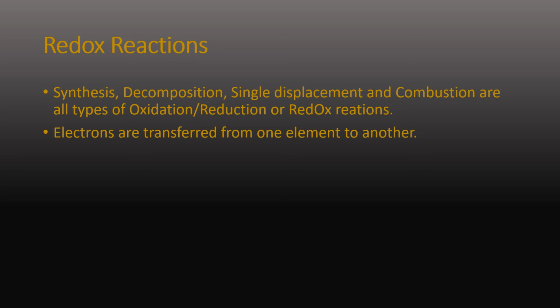So you know that some sort of ions are being formed. So again, if you see a synthesis reaction, a decomposition reaction, single displacement, or combustion, then it is a redox reaction. Electrons are moving around.